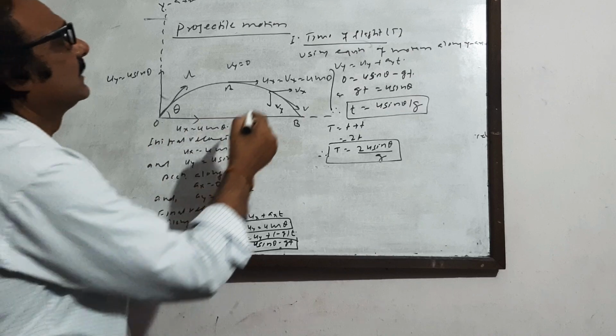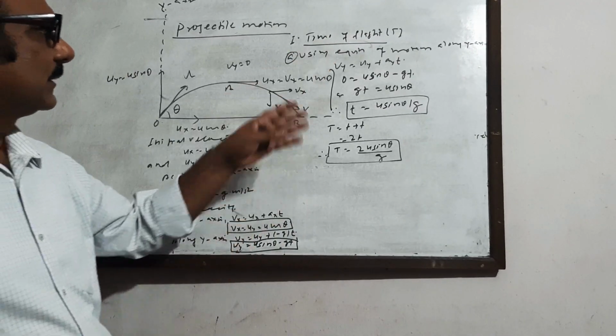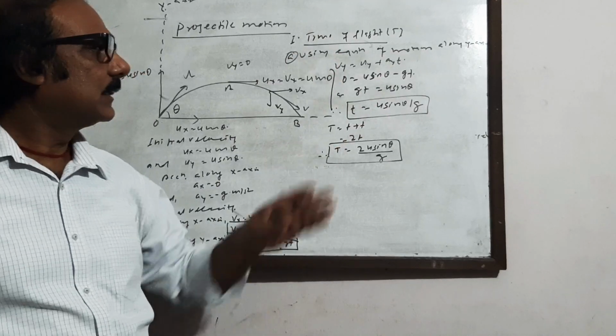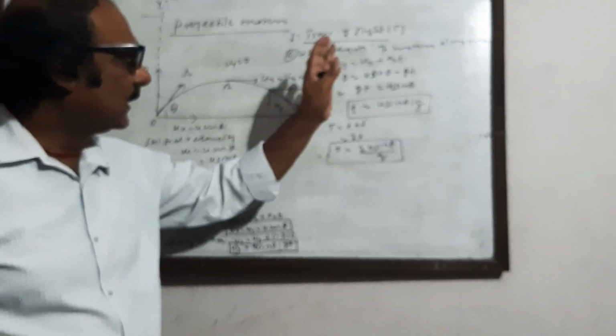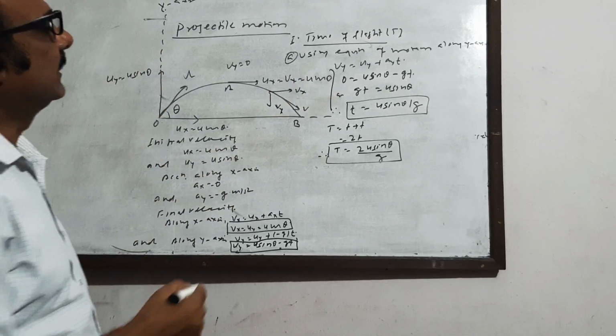Now, another method to find the time of flight is using the equation of motion in the y direction, in the y axis, taking the expression for displacement.